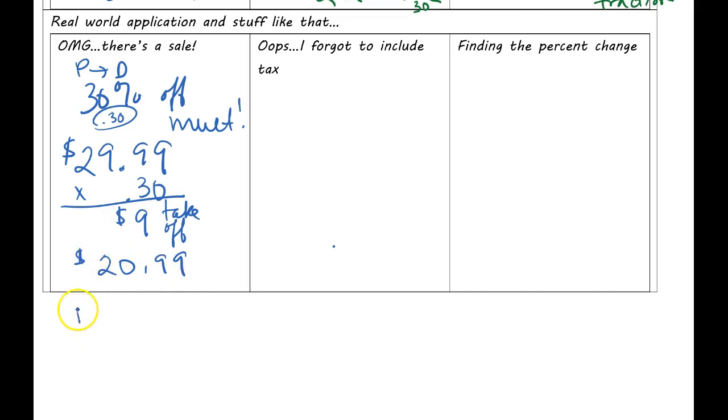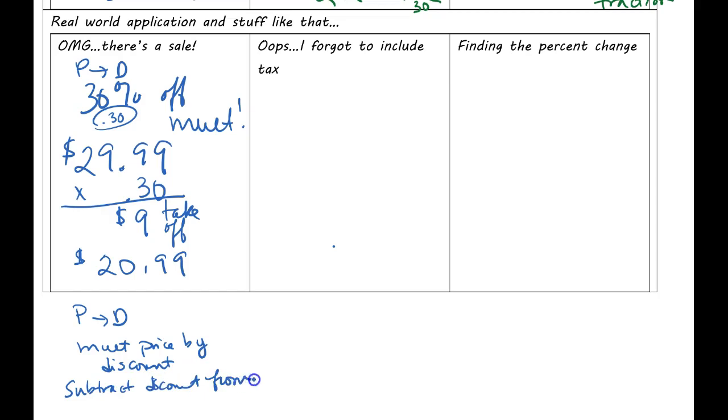So what was the process here? If you want to make notes, we had to turn the percent into a decimal. Then we multiplied the price by the discount. Then we subtract the discount from the original price. And that's what's called a sale price, okay? So that is our sale price.